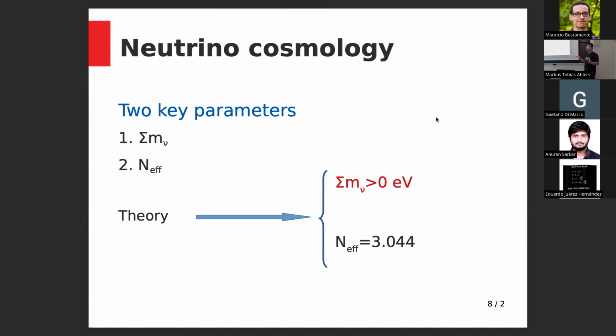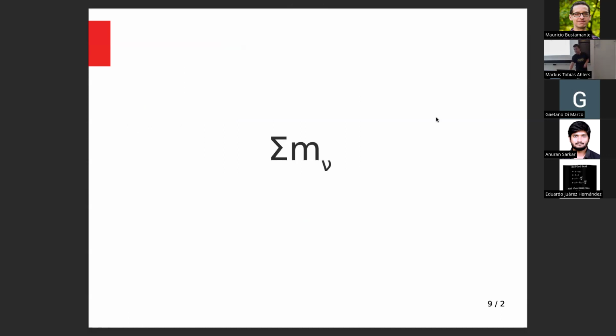The second is Neff, the effective number of relativistic species. In theory, Neff should be equal to 3.044. This is a very accurate value. We will focus on the neutrino mass sum.